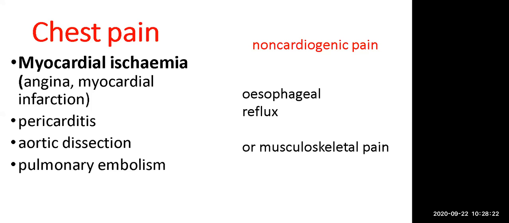So what kind of reasons can cause this pain? One of them, and mostly, is myocardial ischemia: angina and myocardial infarction. These are the most common causes of this pain. Look at this: angina and myocardial infarction, or heart stroke, belong to myocardial ischemia.